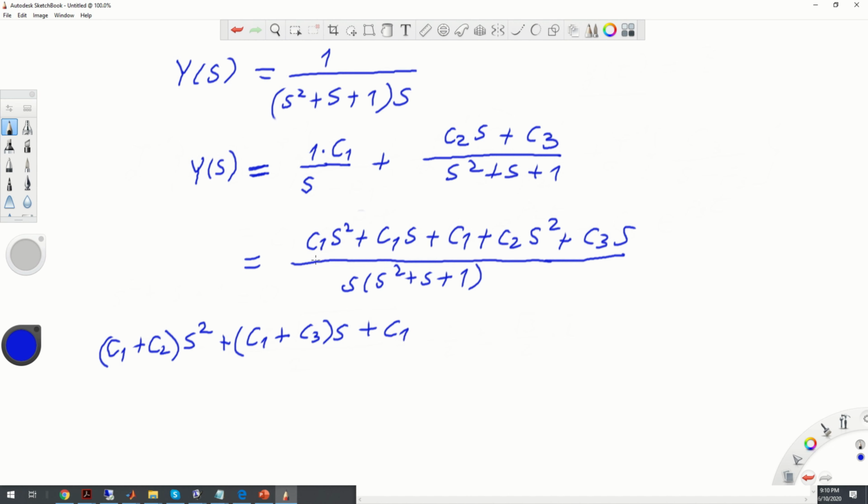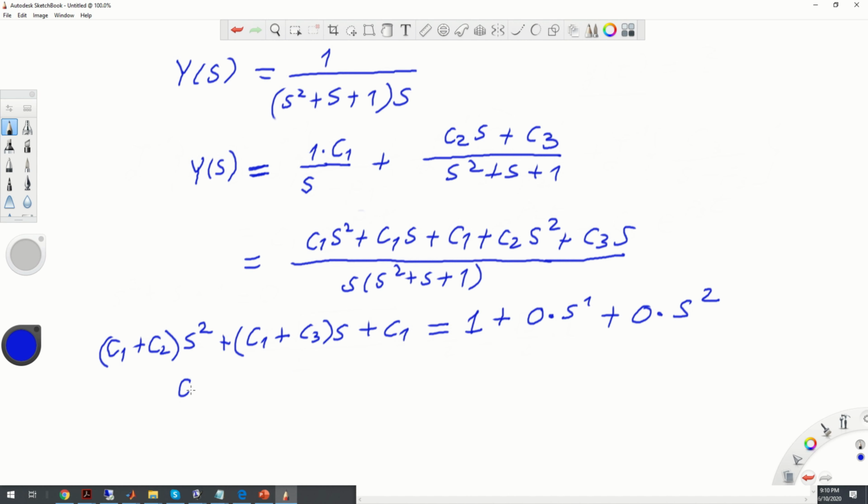So this is our expression in the numerator. And from the first expression, this should be equal to 1. Now, two polynomials are equal when their coefficients are equal, so actually we can write this as 0 times s plus 0 times s squared.